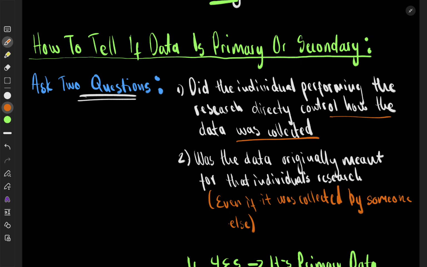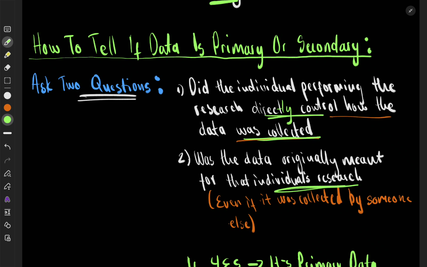So the first is, does the individual performing the research have direct control? Okay, do they directly control how the data was collected? If yes, then we go on to the next. The next would be, was the data originally meant for the individual's study or research?